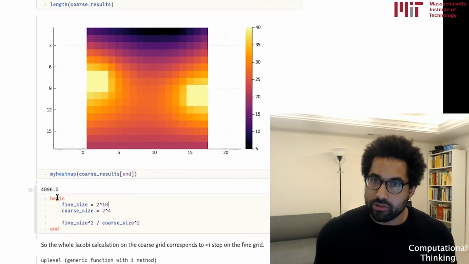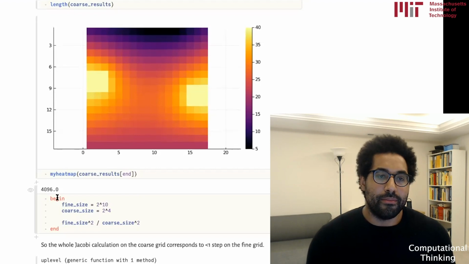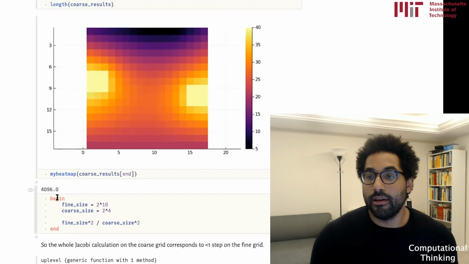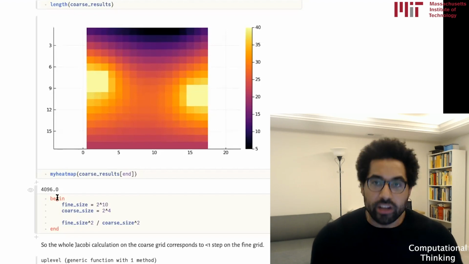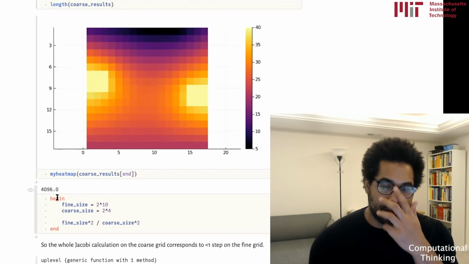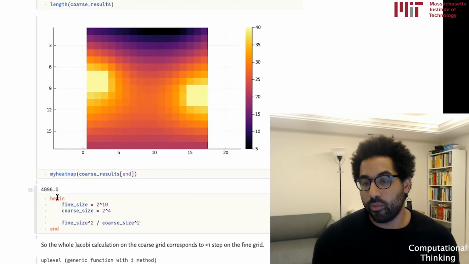There's a natural algorithm which comes out: solve our problem on a coarse grid, then use it as an initial guess for a finer grid, run Jacobi some more, and then repeat. Start from a very coarse grid, like 16 by 16, and slowly but surely move to one that's slightly finer.